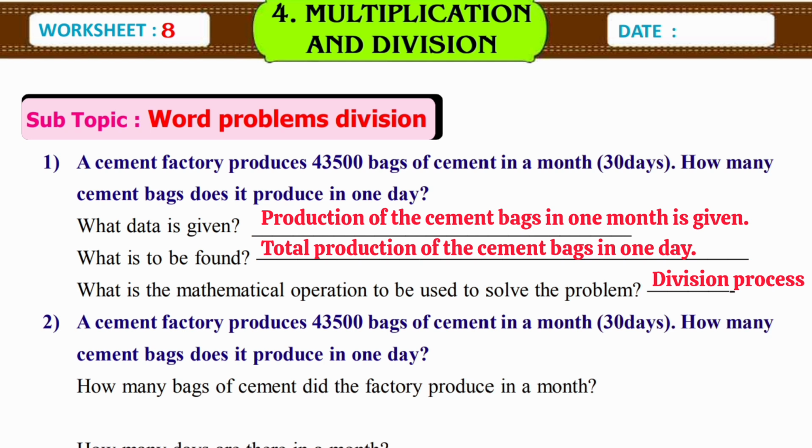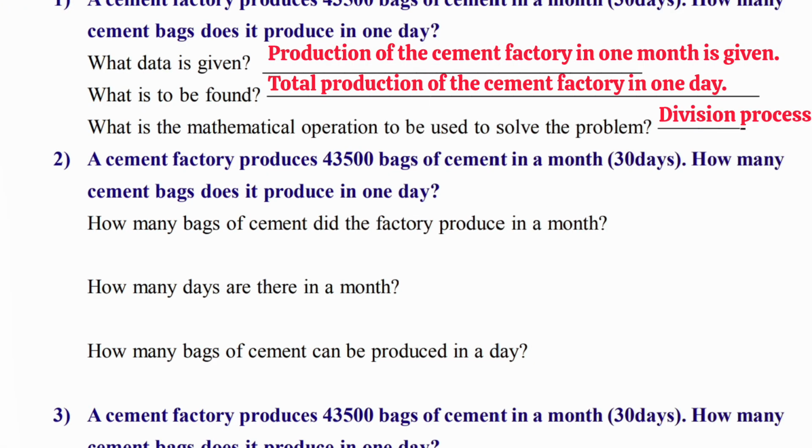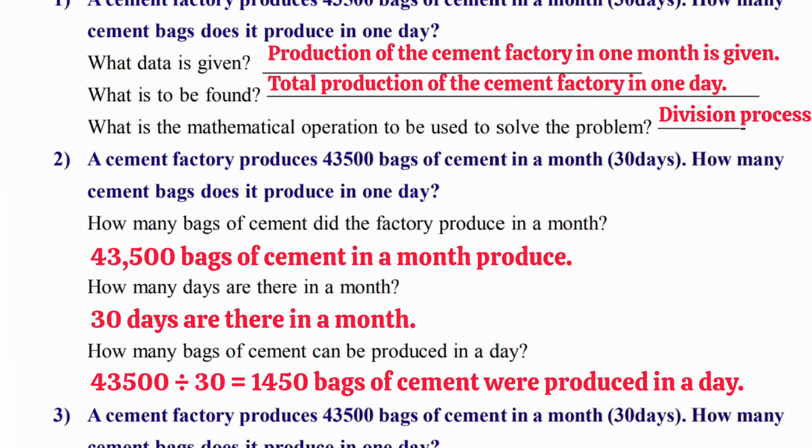Next, see the second question, which is: a cement factory produces 43,500 bags. Means same question is repeated here. Well, let's see the solution. How many bags of cement did the factory produce in a month? Already given, 43,500 cement bags were produced in a month. Okay, next second question. How many days are there in a month?